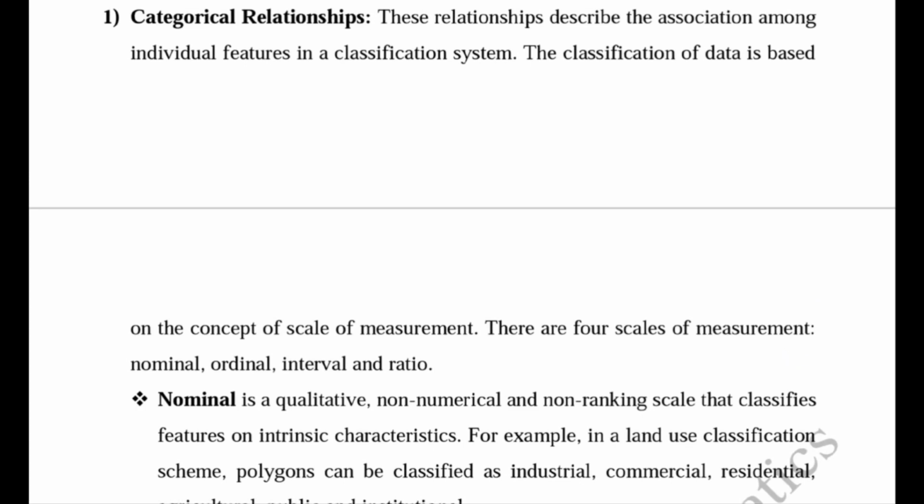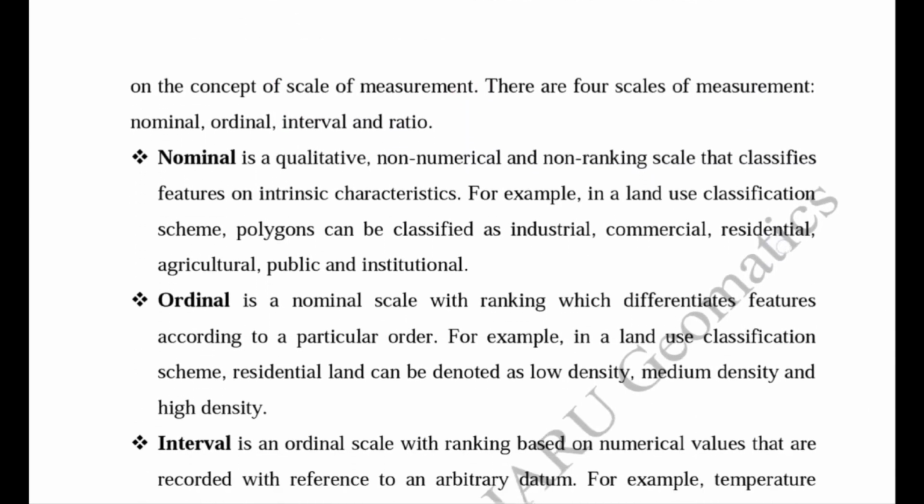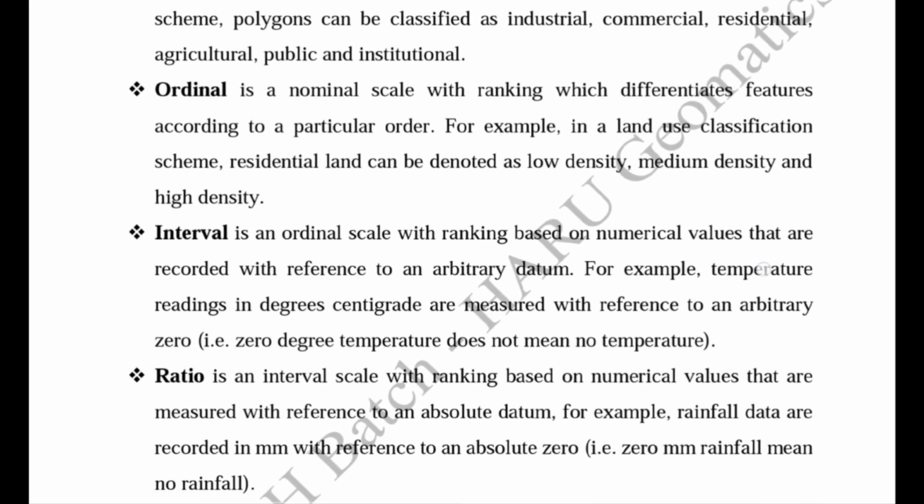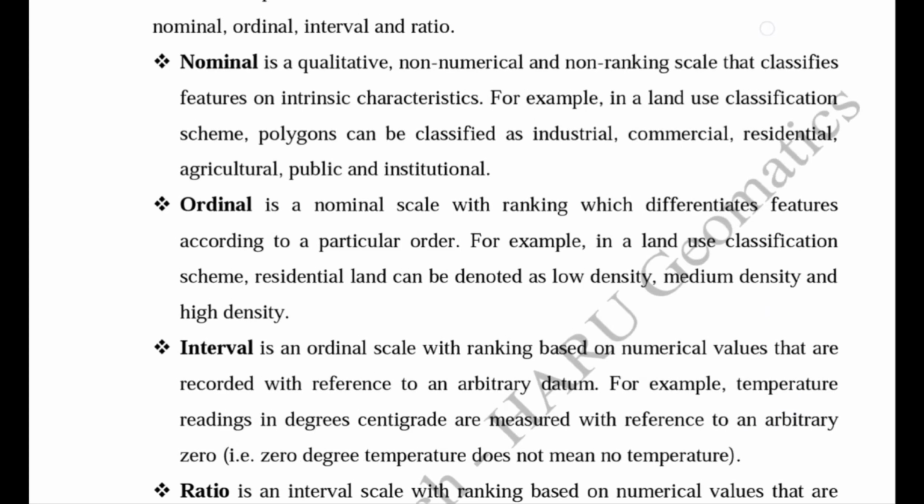The classification of data is based on the concept of scale of measurement. In this we have to differentiate on the basis of the scale of measurement. There are mainly four scales. The first one is nominal, the second is ordinal, the third is interval and the last one is ratio. These four scales are very important.